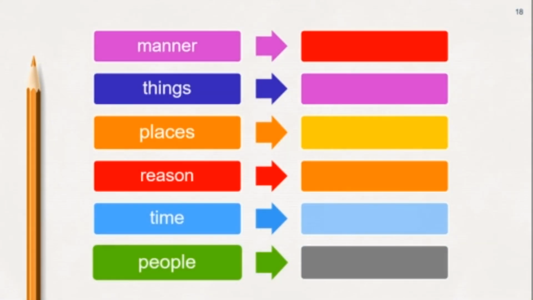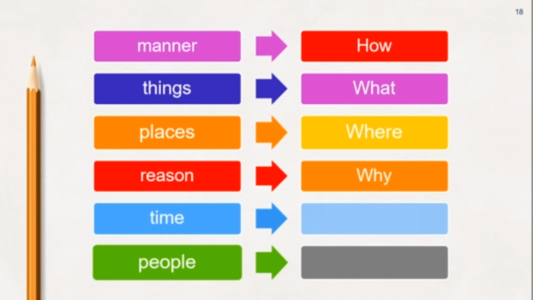So, in general, to ask about manner or condition, we use the question word how. To ask about things or name of things, we use the question word what. To ask about places, we use where. To ask about reason, we say the question word why.